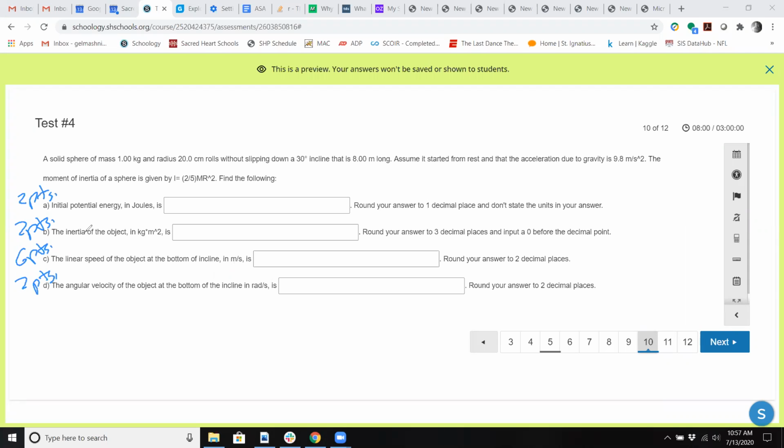Now, the crappy thing with the system of Schoology is that it's going to give you 0 out of 12, even if you got 3 of these 4 things right. But don't worry, I looked at it. I try to give you credit. If you submitted work, then of course I was able to help you out. Because if you missed one little part, it kind of skewed your answers down the road. But I was able to figure out what you did wrong and give you the proper credit.